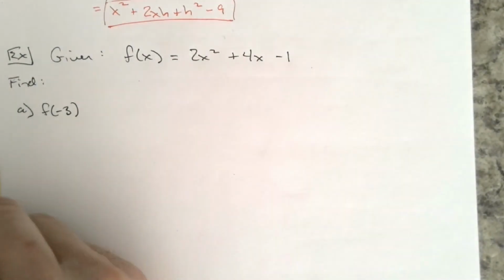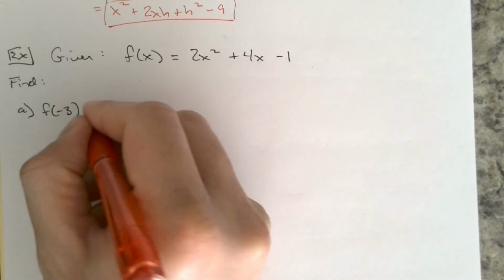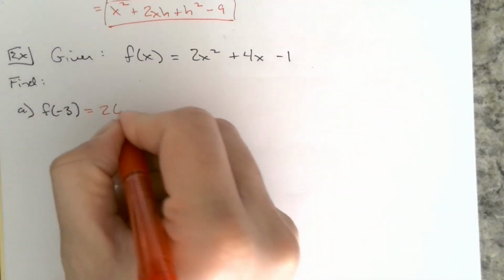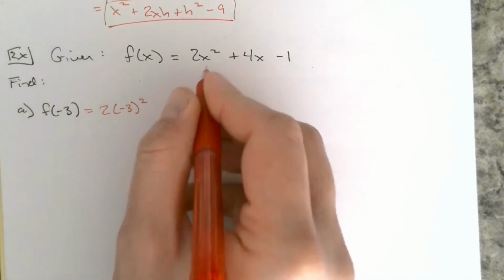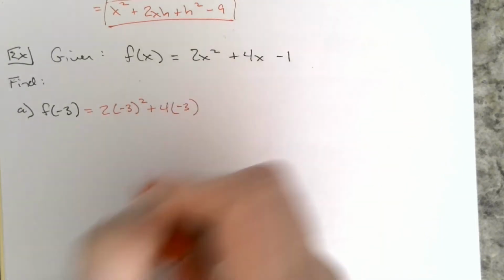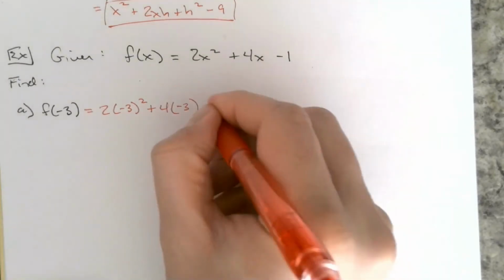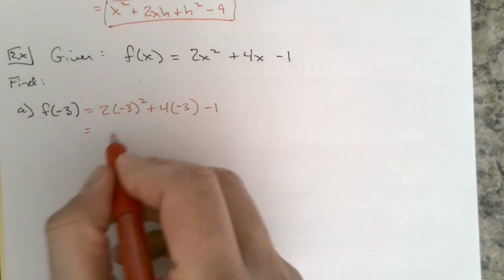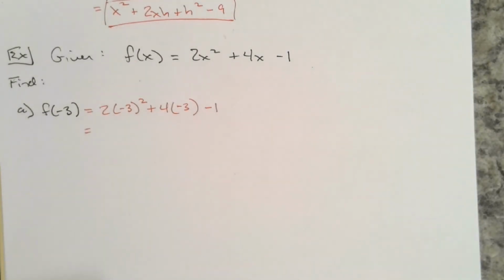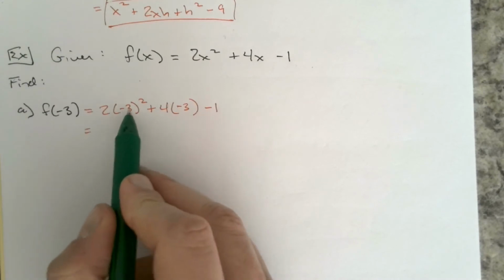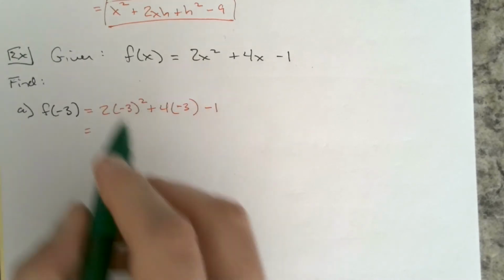So for f of negative 3, remember that means that where you saw an x in f of x, you're replacing it with negative 3. So you'd have 2 times negative 3 squared plus 4 times negative 3. Make sure you put parentheses because you're multiplying that. And then minus 1. And then we simplify this. So remember, when you simplify, you're following your order of operations. So you can't just multiply the 2 times negative 3 here. You have to do the negative 3 squared first because that's the exponents.